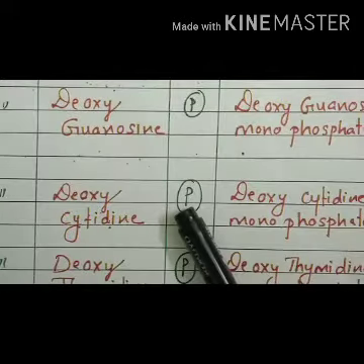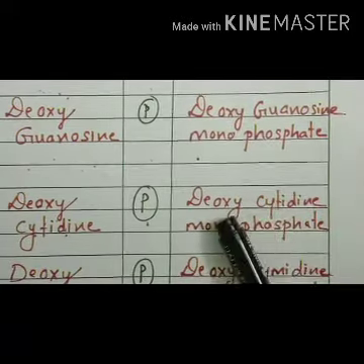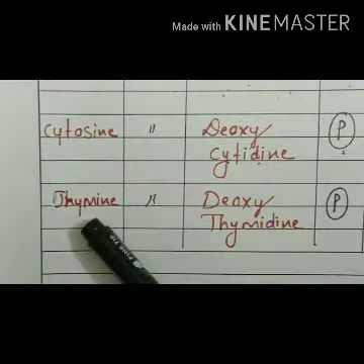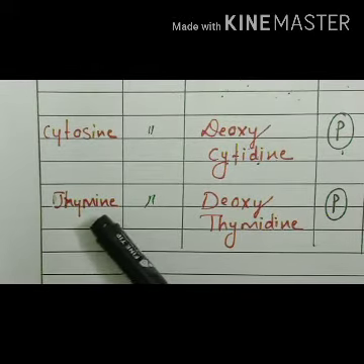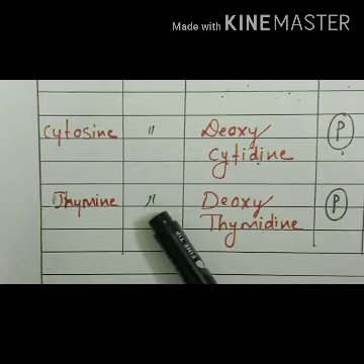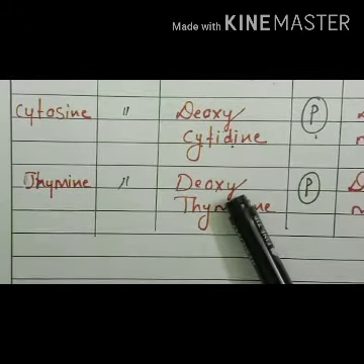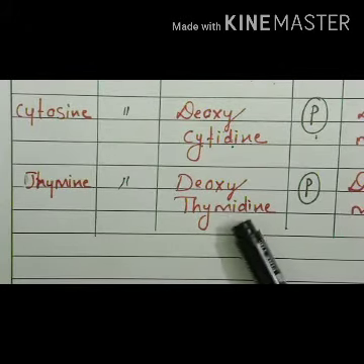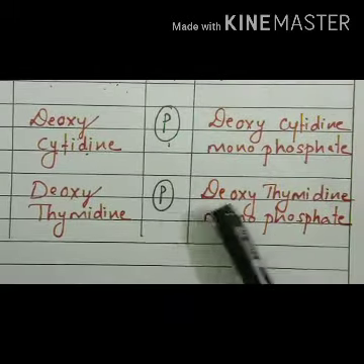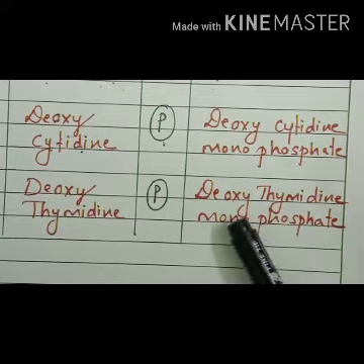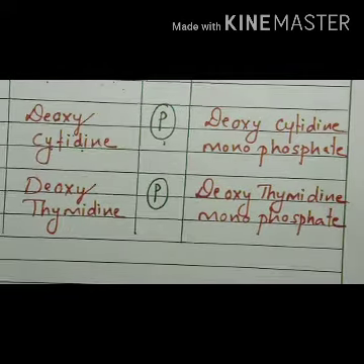When it combines with the phosphate, it becomes deoxycytidine monophosphate. And at last, thymine, the nitrogen base present only in DNA. When thymine combines with the deoxyribose sugar, the nucleoside is deoxythymidine. When deoxythymidine combines with the phosphate, the nucleotide is deoxythymidine monophosphate.